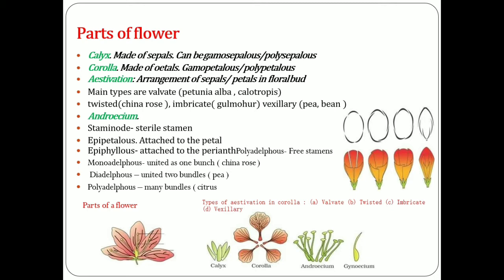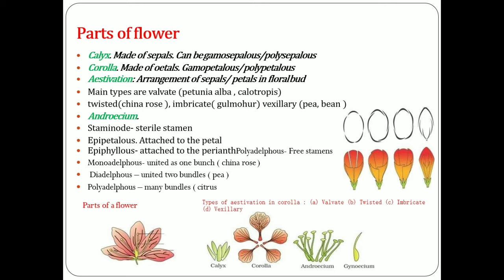Corolla is composed of petals. Petals are usually brightly colored to attract insects for pollination. Like calyx, corolla may be also united, gamopetalous, petals united, or polypetalous, petals free. The shape and color of corolla vary greatly in plants. Corolla may be tubular, bell-shaped, funnel-shaped or wheel-shaped.